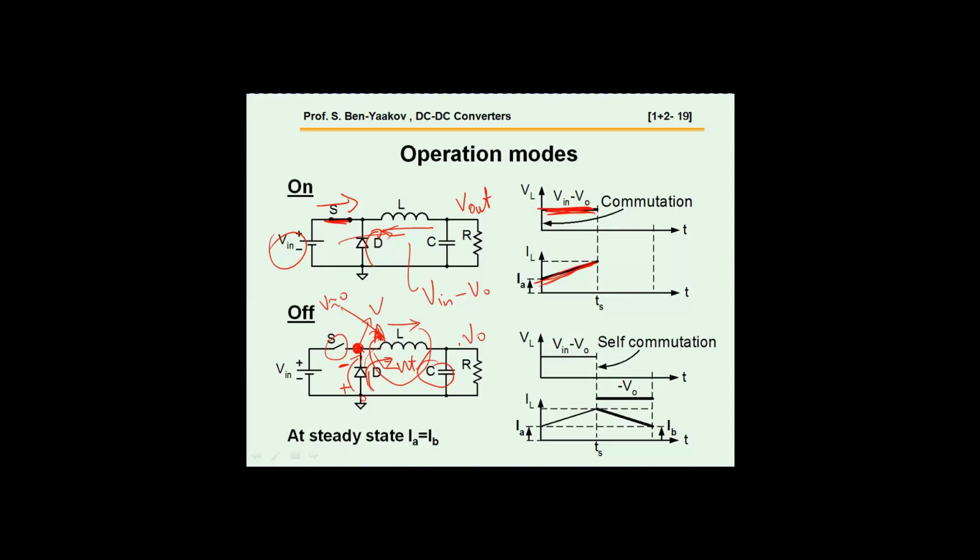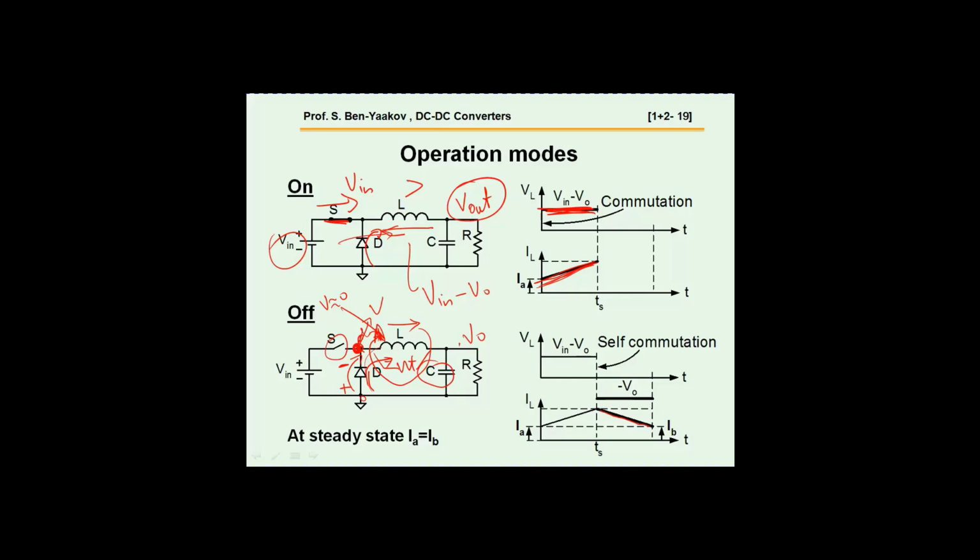So we have now a situation in which the voltage across the inductor is reversed, because at the beginning V-in, and we'll see it later on also, is larger than V-out. So it's a positive slope. Now this point is 0 voltage. Therefore the slope is negative and the current is going down.